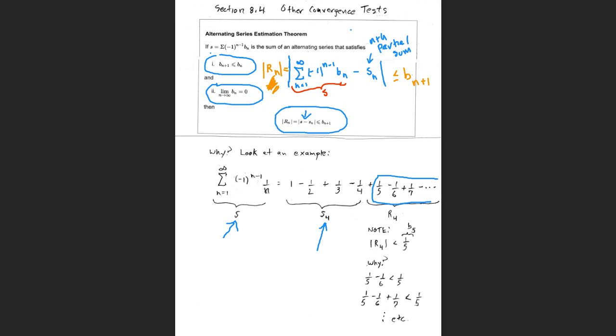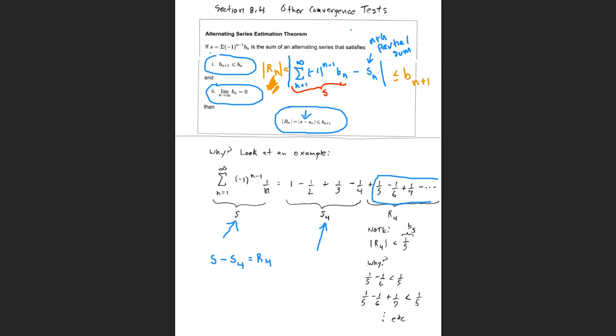If you have the sum of the series minus the 4th partial sum, that's going to equal R sub 4.